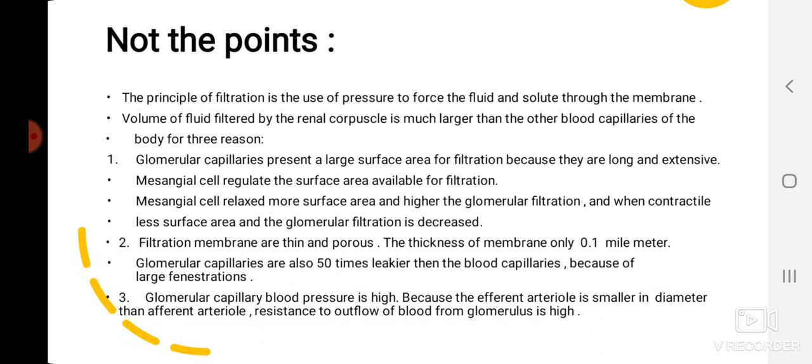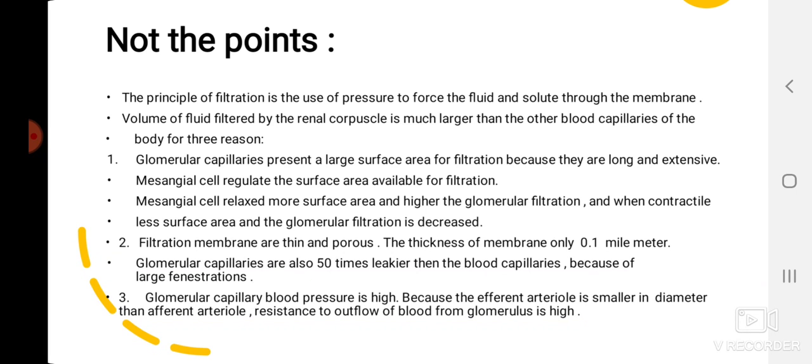If the diameter of the afferent arteriole is more, there is more blood flow into the capillary, and the efferent arteriole has a small diameter, so the outflow of the fluid is less than the inflow of the fluid.